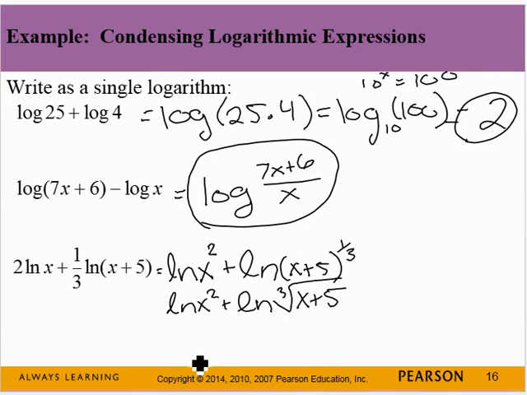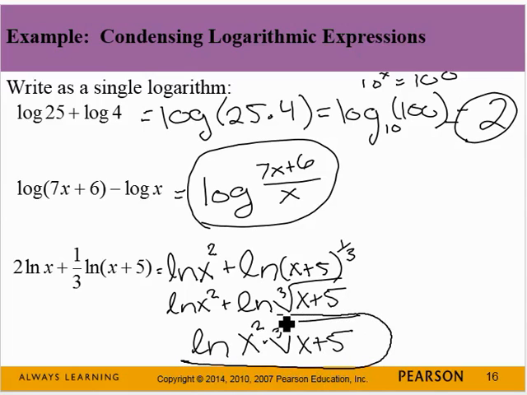So now we can condense this even more, so you have ln x squared times your cube root x plus 5. That is my condensed version of what they gave you to begin with.